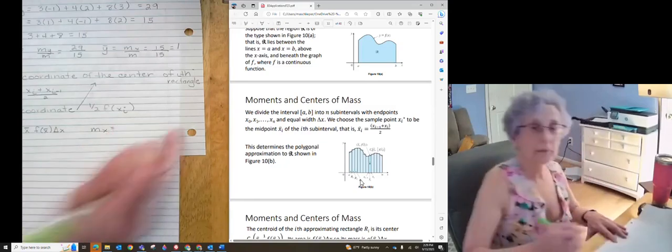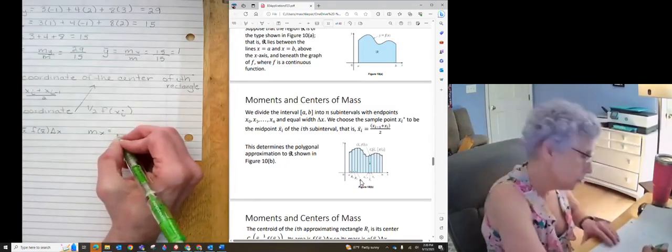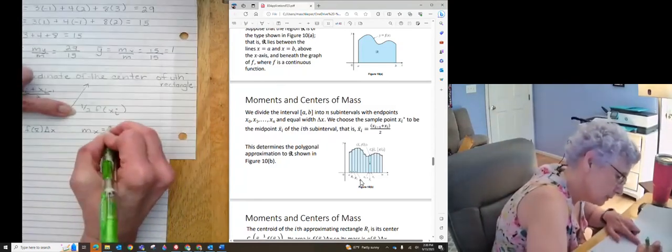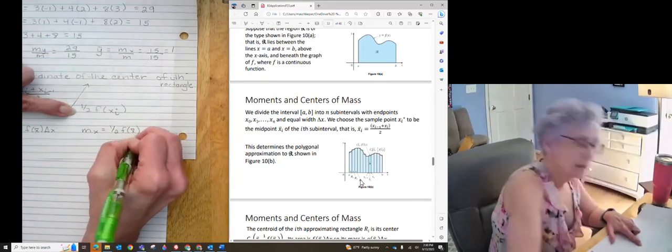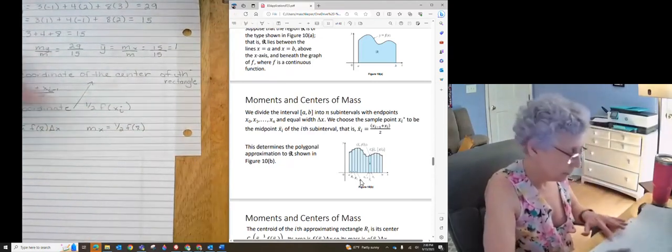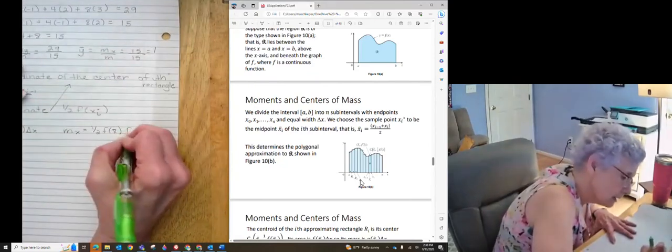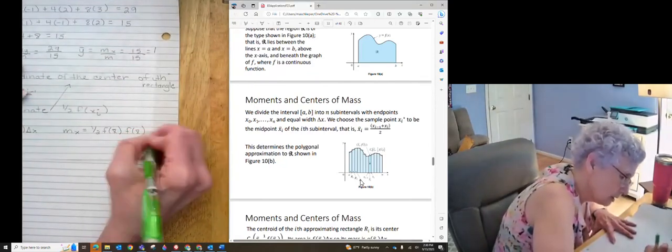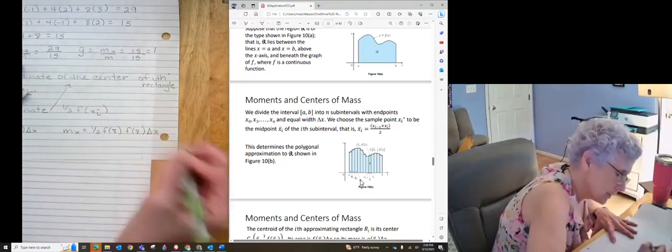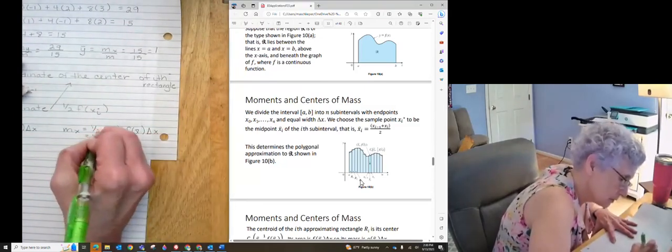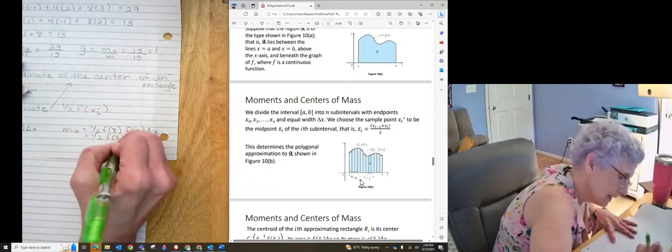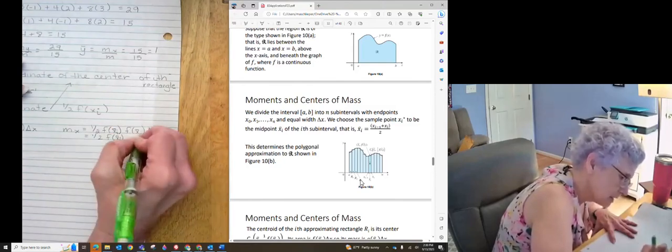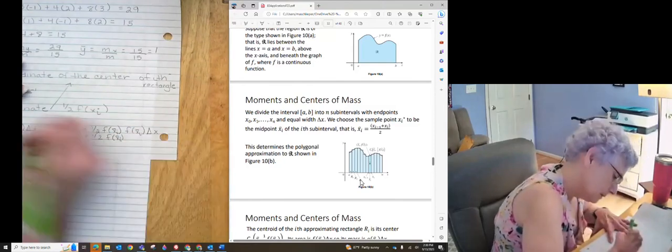The moment about the x-axis is going to be the y-coordinate, which is 1/2 of f of x bar, times f of x bar delta x. So this one's 1/2 of f of x sub i. I left out my sub i's.